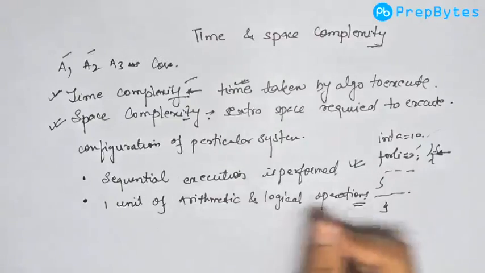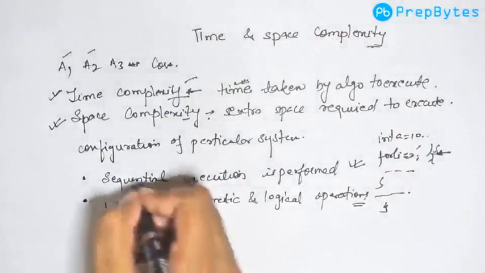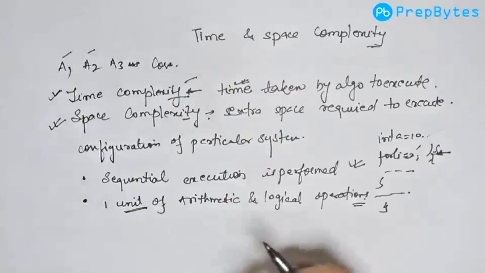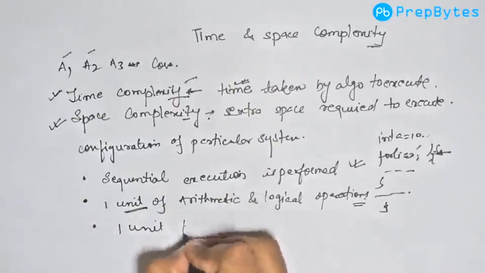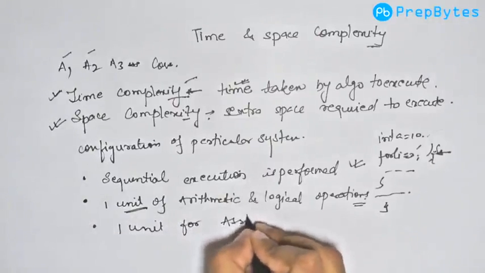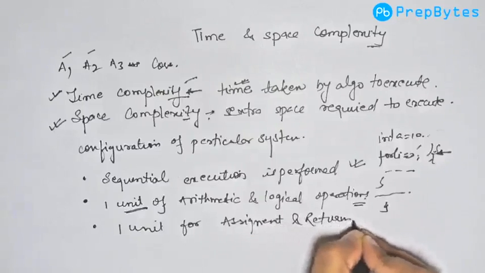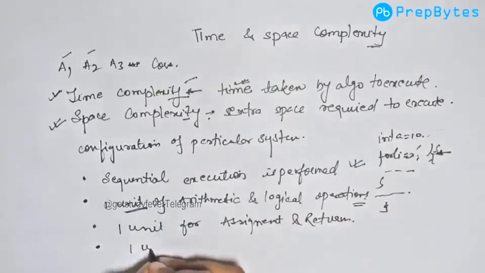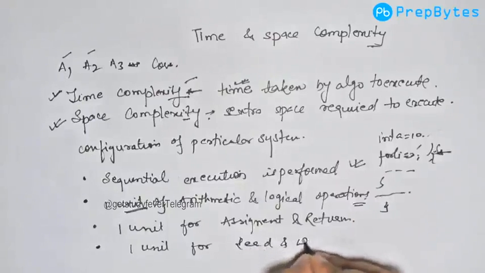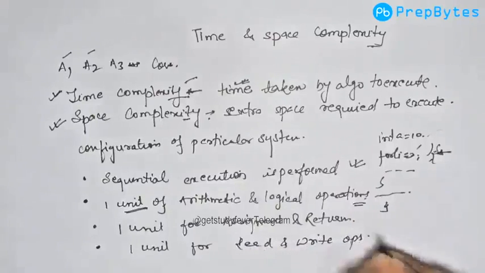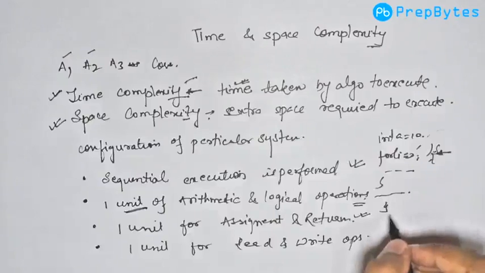Every arithmetic and logical operation will take 1 unit of time. This is what we assume. These are the assumptions based on which we will calculate the time complexity. Next will be 1 unit for assignment and return, and 1 unit for read and write operations. So whenever we see an assignment or a return, 1 unit will be consumed there.